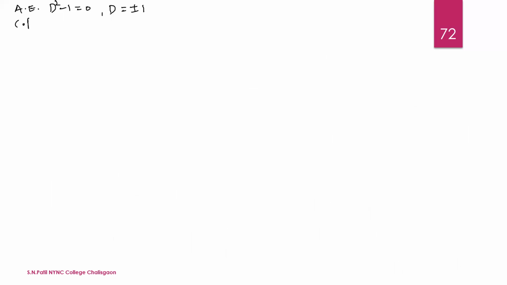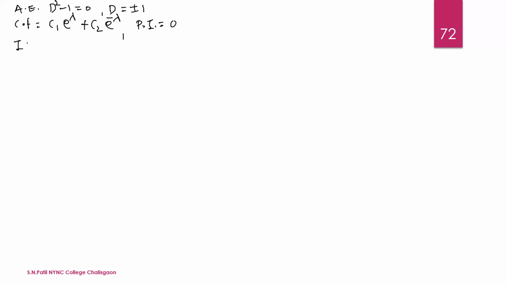That is the complementary function C1 e to the power of the root, alpha and beta, that is, e to the power 1 times lambda, as it is a function of lambda, plus C2 times the second root, e to the power minus lambda, and the particular integral is 0 because the right hand side is 0.